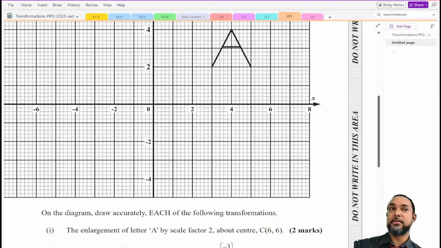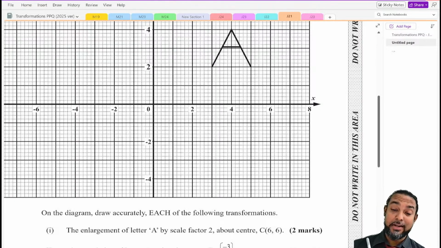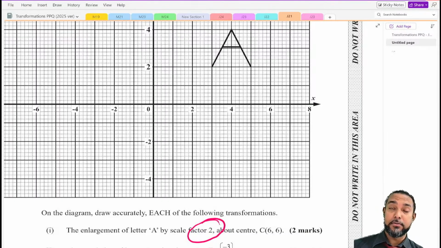With an enlargement, you get bigger if the scale factor is a positive whole number. If it's a fraction, obviously it's going to get smaller, right?